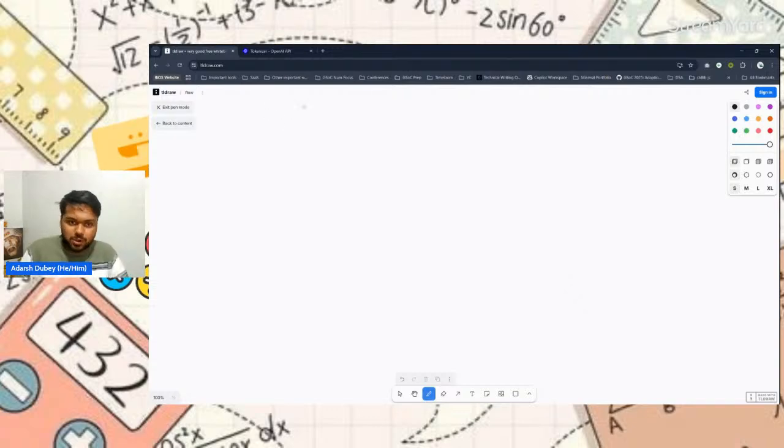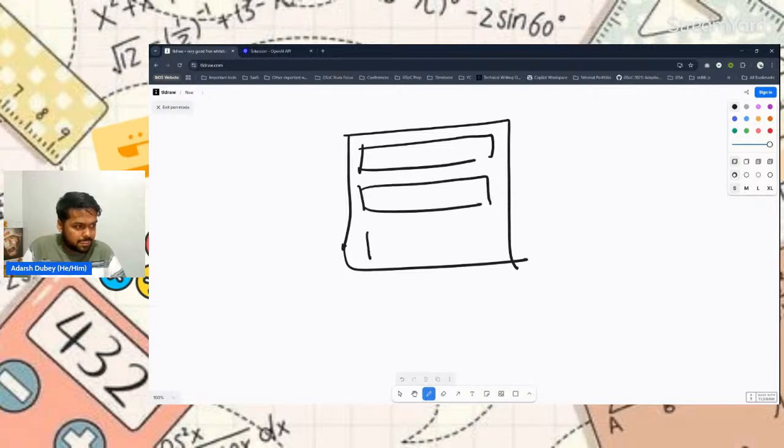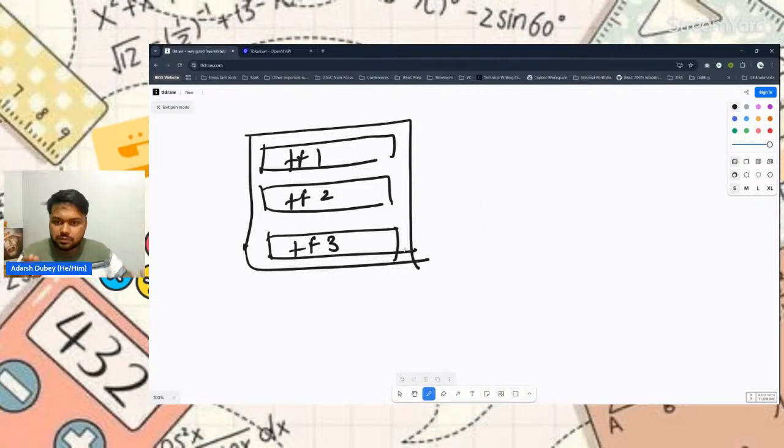What is the transformer block? A transformer block consists of many transformer blocks. So TF1, TF2, TF3. Okay, we understand that a transformer block contains many transformer blocks. What does each transformer block contain?